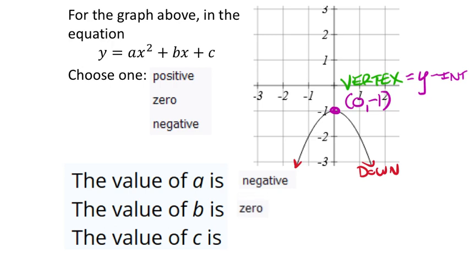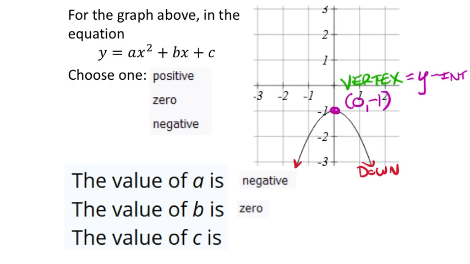If it were anywhere else, then I would have to consider where my y-axis is in relationship to this. If my y-axis were right here, then I would say that my b would have to be positive because it's going upwards right there. If the y-axis was this line, then it would be going down right here as well.